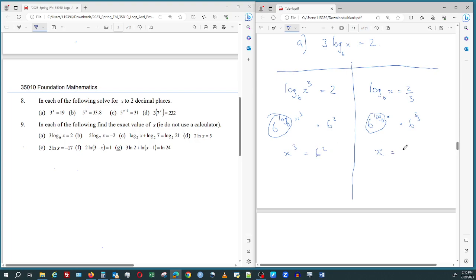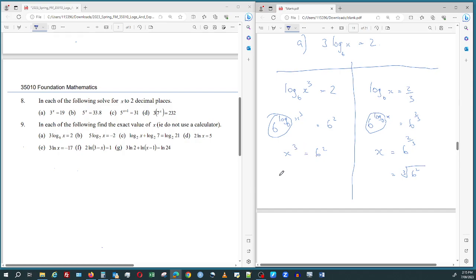Now, those of you that are thinking will know that x is the cube root of 6 squared. What about this one? X cubed, how do we do that?